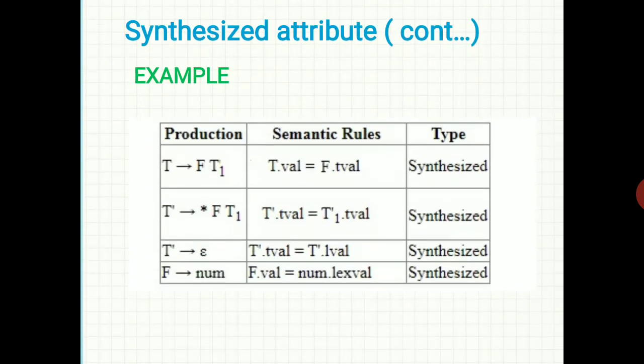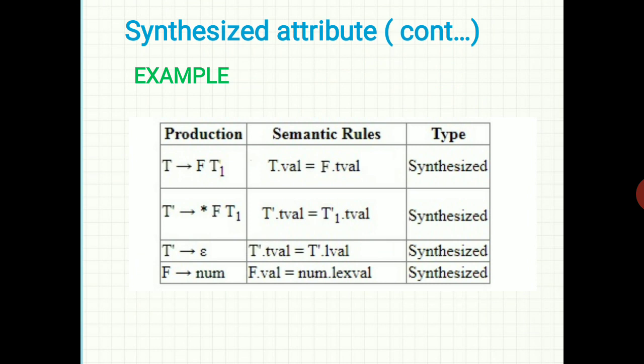Here you can see some examples of synthesis attributes. Here T, F, T1 and F are the non-terminals. In the first production, the value of T is evaluated by using the values of F. So it is a synthesis attribute. In the second case, the value of T is calculated from T1, that is the child of T. That is also a synthesis attribute.